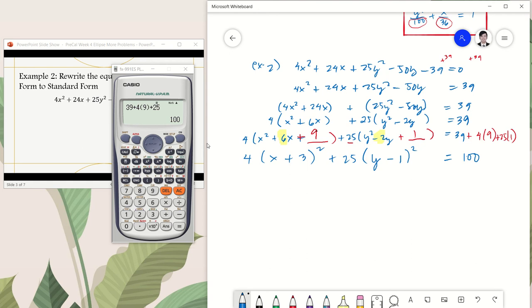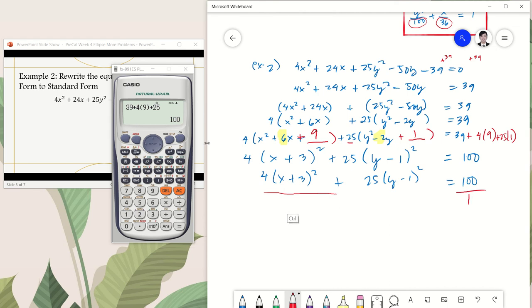So take note, in an ellipse, the right side would always be 1. So we need to divide both sides with 100.